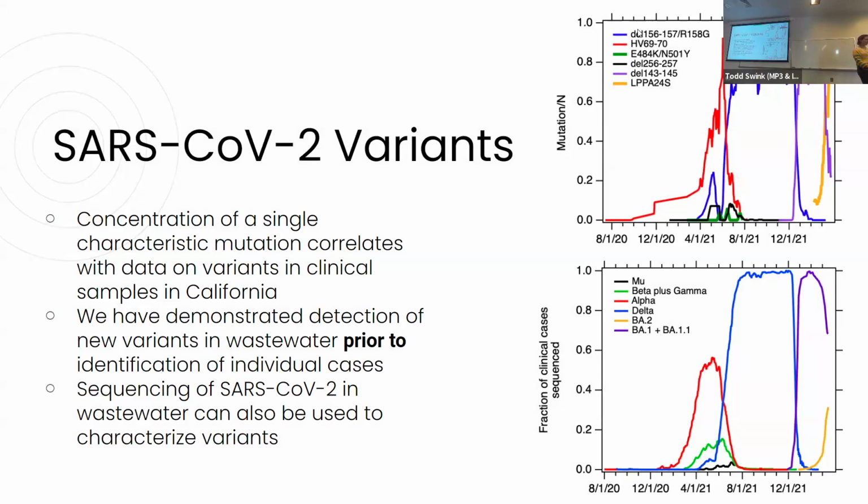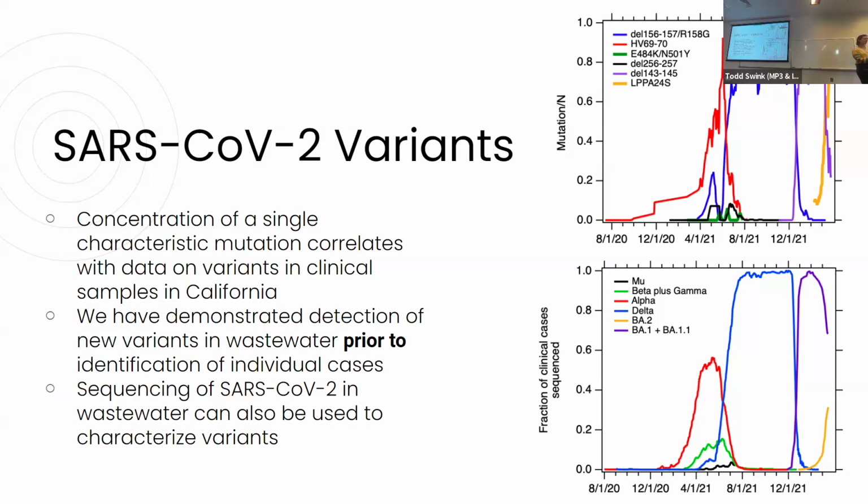We name the mutations that were targeted here, and they go with these different variants down here, and you can see how the proportion in clinical cases tracks really closely with the proportion of what we're measuring in wastewater, looking at that mutation and comparing it to the concentration of a conserved region of the N gene. When we started doing this, we were doing an assay on the N gene, S, and ORF1A, and we were measuring all of them, and they all looked exactly the same. So then we went down to doing just the N gene.